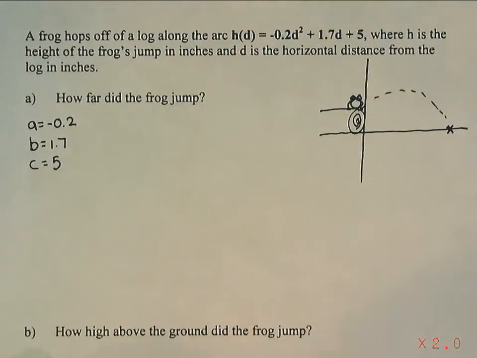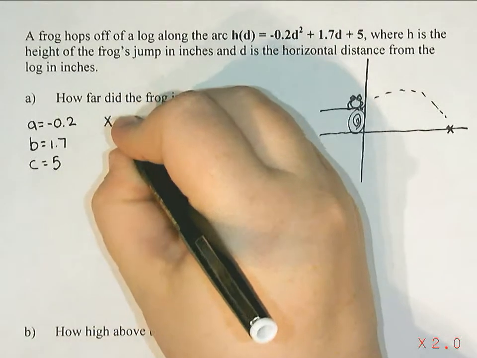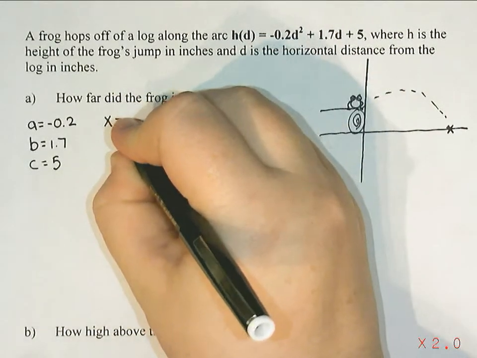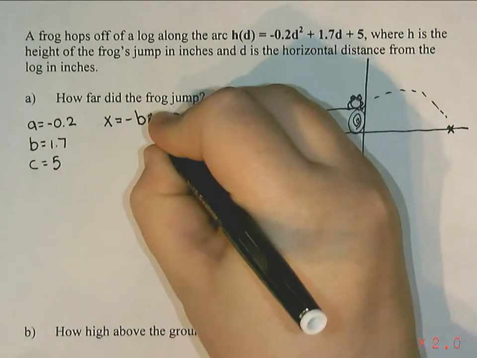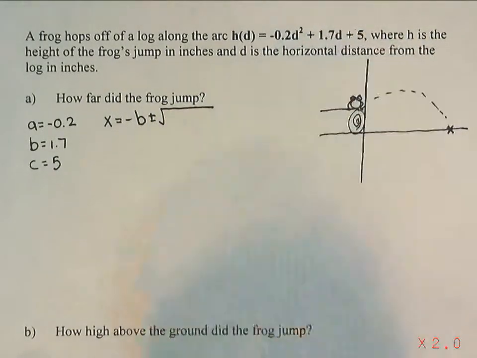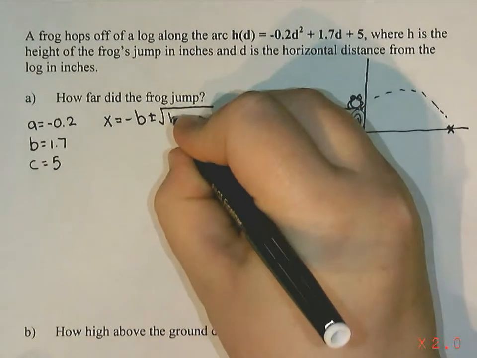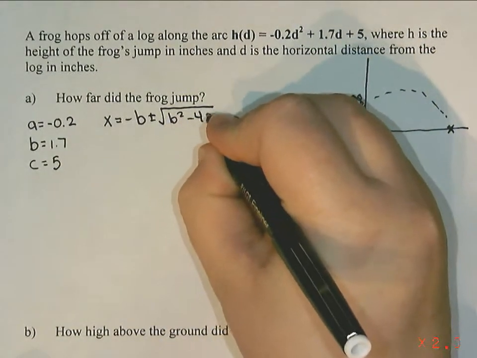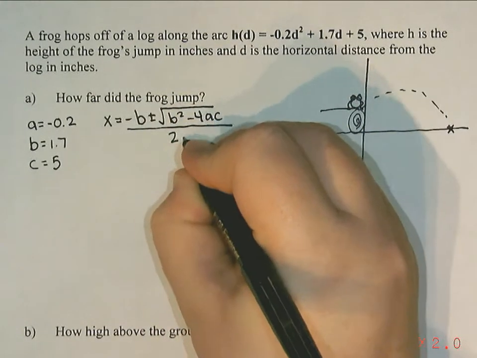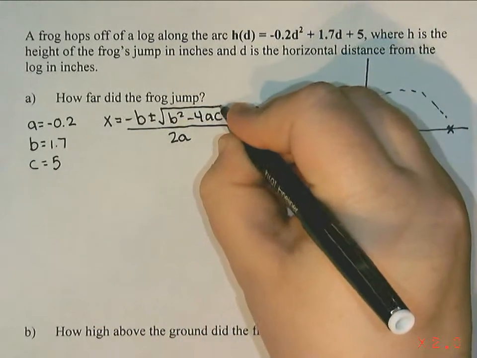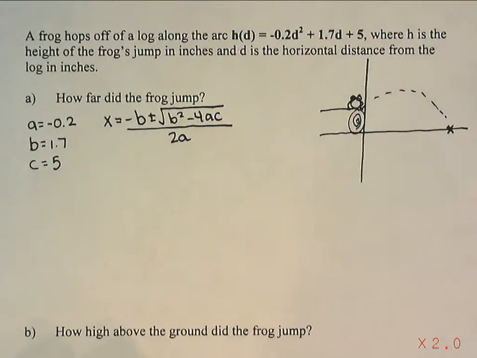The quadratic formula we went over on the last part, we have x equals negative b plus or minus the square root of b squared minus 4ac, all over 2a. And then all I'm going to do is substitute in for a, b, and c.